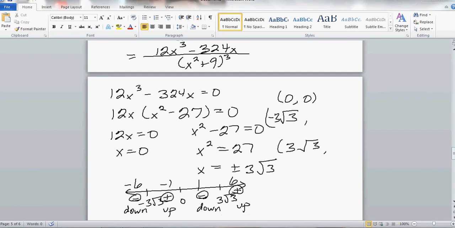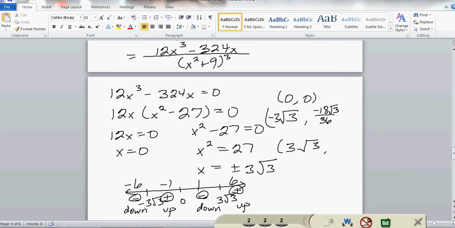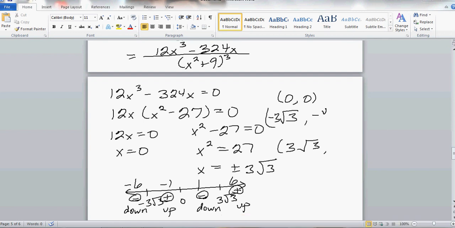We get negative 18 over 36. Oh, that's not right. Negative 18 root 3 over 36, which is negative root 3 over 2. Okay, so let me do that. Negative root 3 over 2.